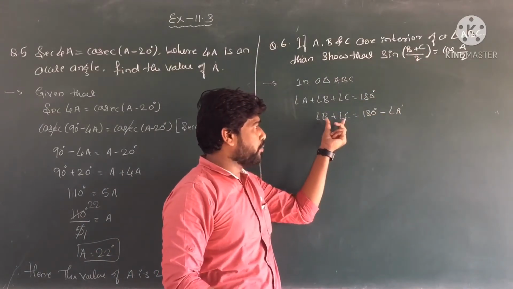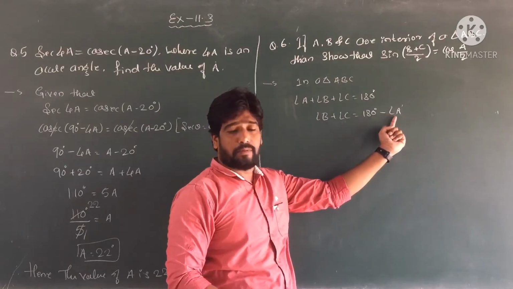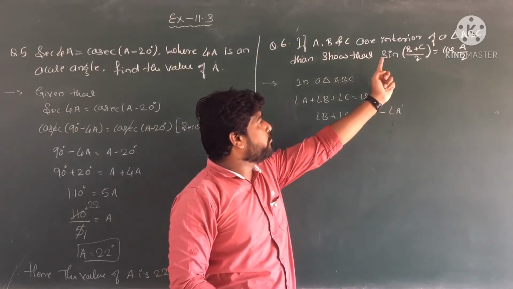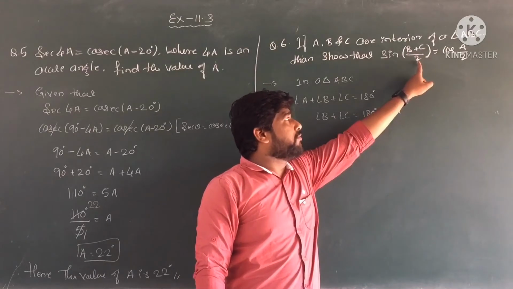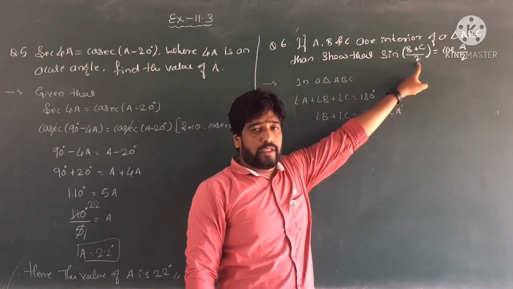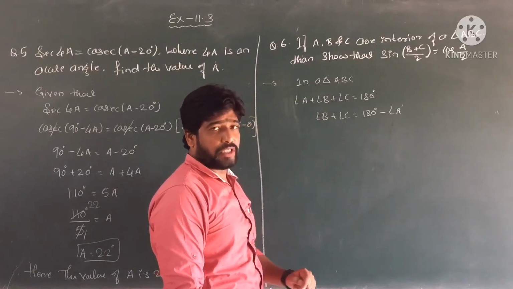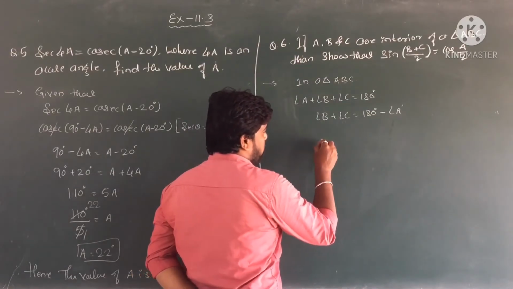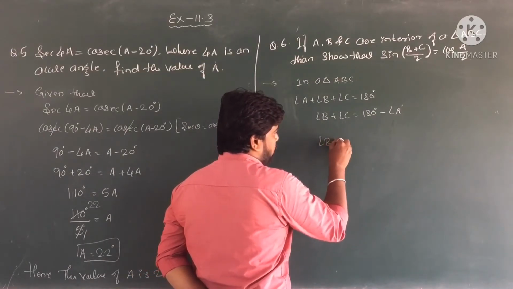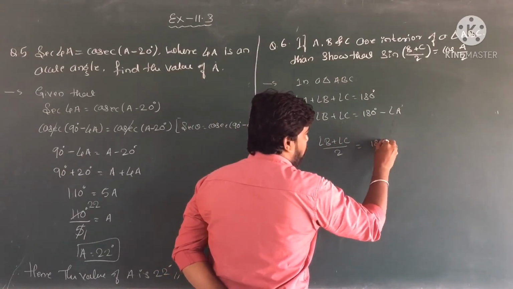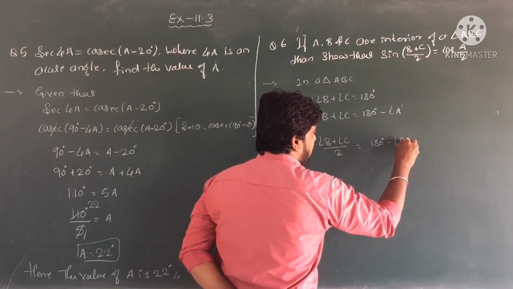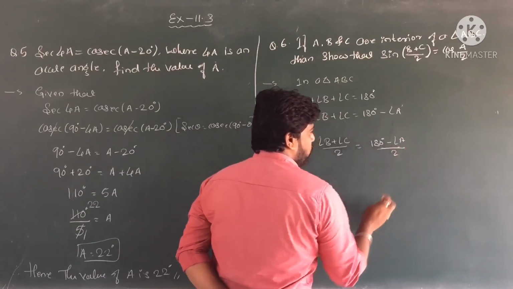So here we want B plus C. So that's why we make B plus C is equal to 180 minus A. And here we want divided by 2, B plus C divided by 2. Right? So the whole equation divided by 2. So now this becomes angle B plus angle C divided by 2 is equal to 180 minus A divided by 2.